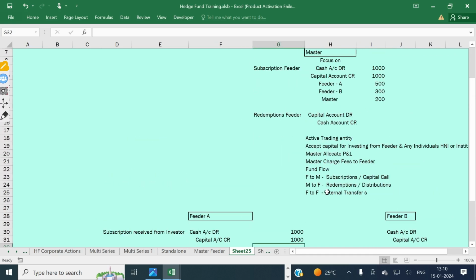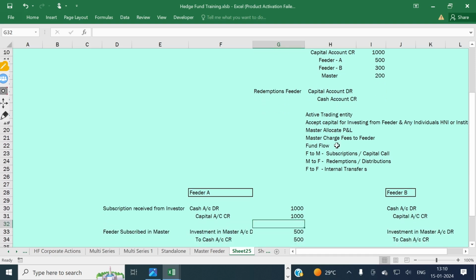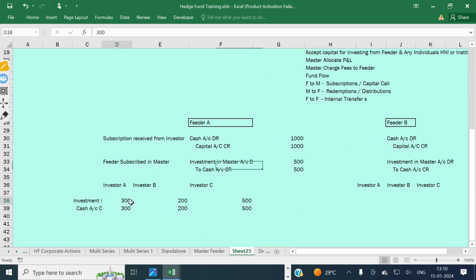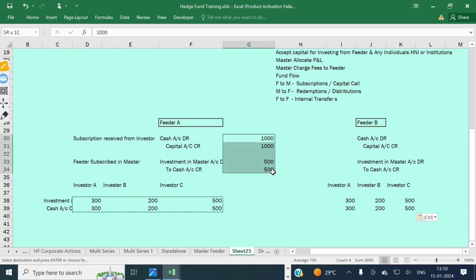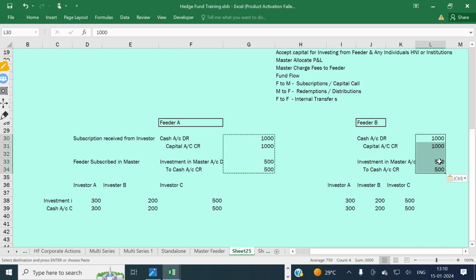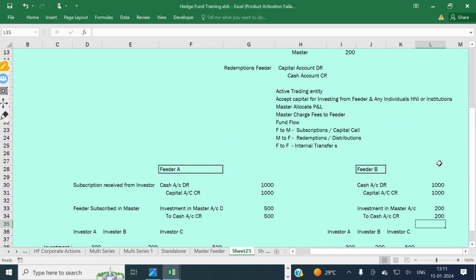Right, so you have now master feeder. See here, same amount you might see here, and the investors, they have invested in feeder. What, only two feeders invest, only 200? No, 300, 300.